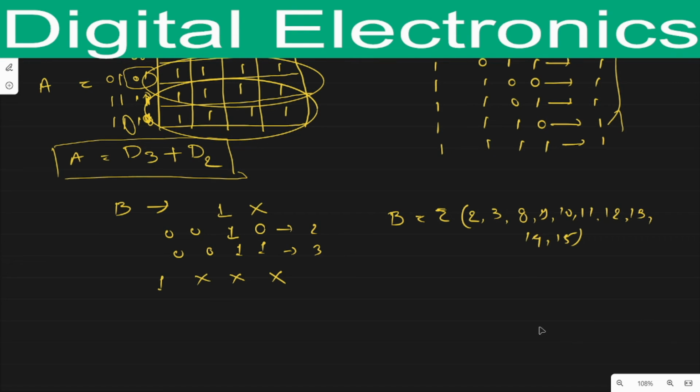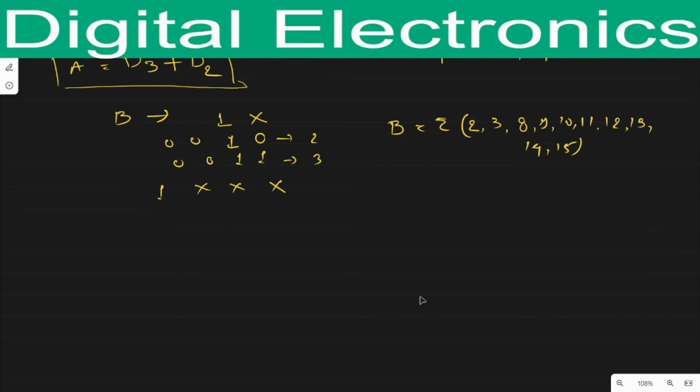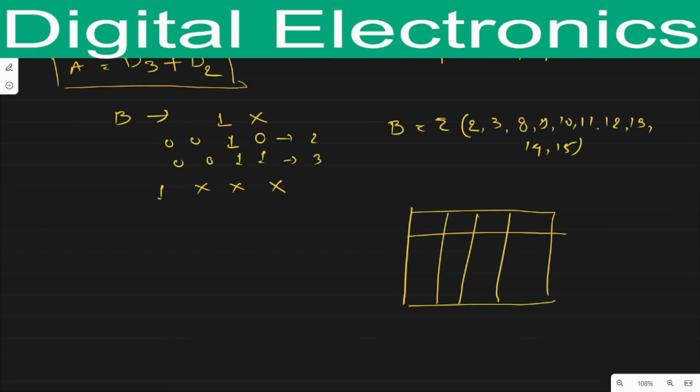So to minimize this equation, we need a K-map again. Here the input is D3 and D2, and here the input is D1 and D0.